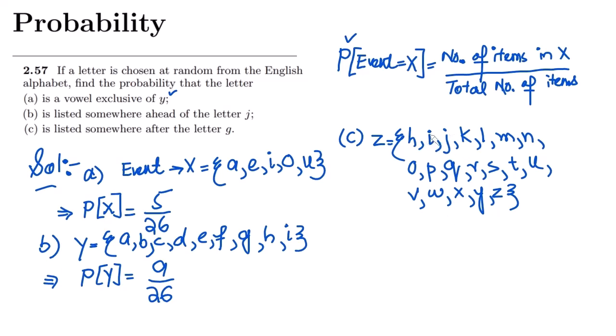Now let me count them: 1, 2, 3, 4, 5, 6, 7, 8, 9, 10, 11, 12, 13, 14, 15, 16, 17, 18, 19.